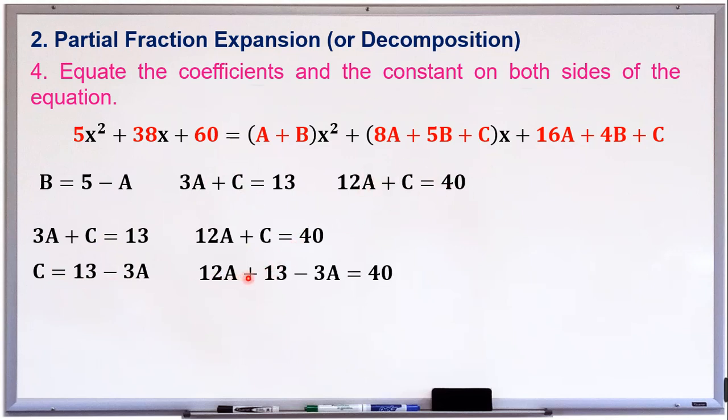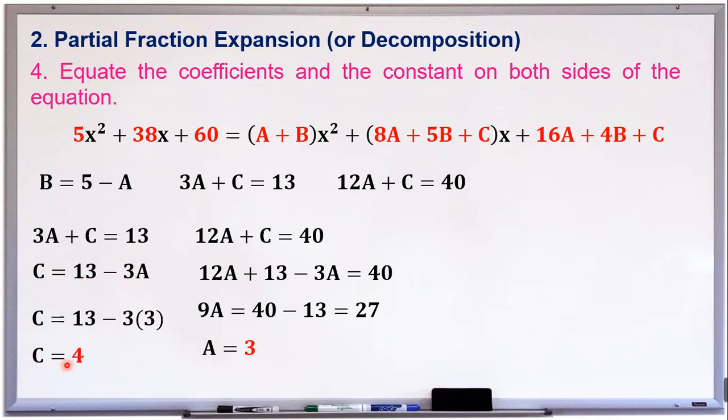So we already have a value for A. Then we can substitute this to this equation to solve for C. So we have C is equal to 4. Next, we can also solve for B because we already have a value of A that is 3. So we have 5 minus 3, that is 2.